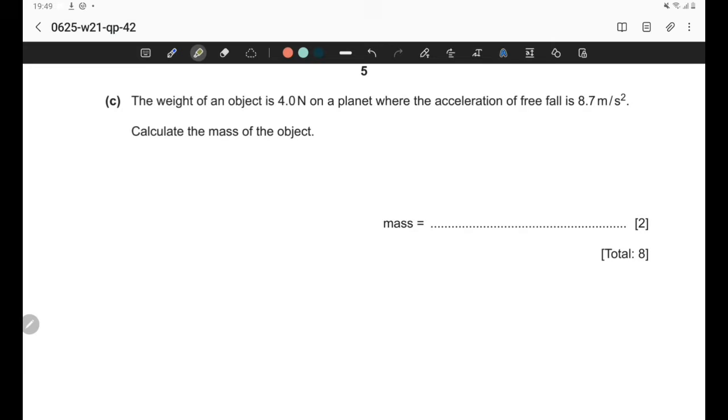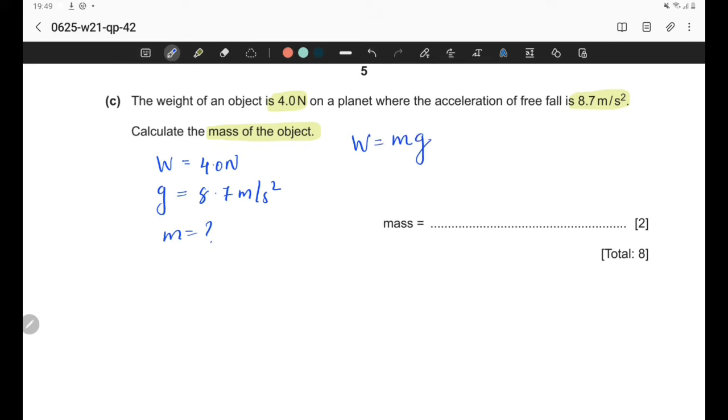Part C. The weight of an object is 4 Newton on a planet where the acceleration of free fall is 8.7 meter per second squared. Calculate the mass of the object. So we are provided with the weight, that is 4 Newton, and gravitational field strength on that particular planet is 8.7 meter per second square. We need to calculate mass. So here you can use the equation W, weight is mass times gravitational field strength.